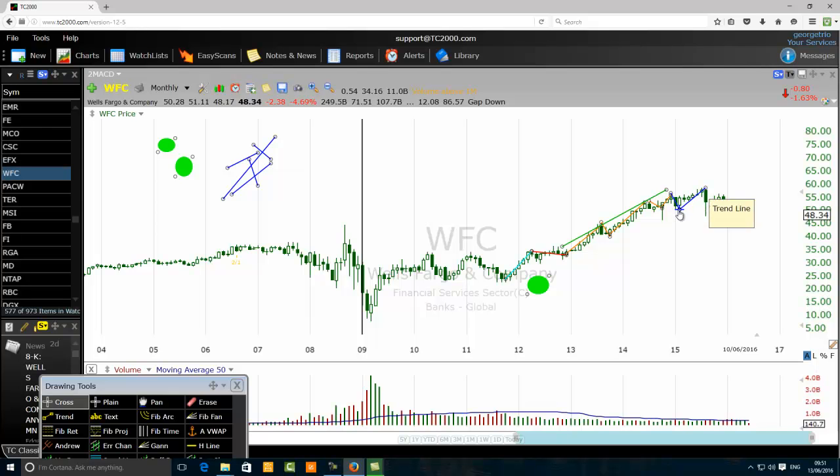Now, this is not an Elliott wave failure, because in this case, my fifth Elliott wave has exceeded the high of the third Elliott wave.